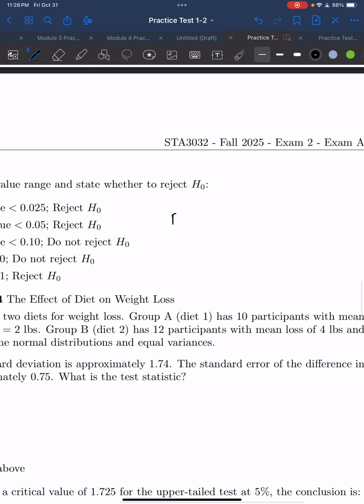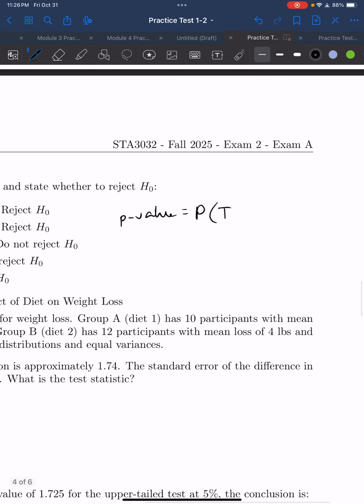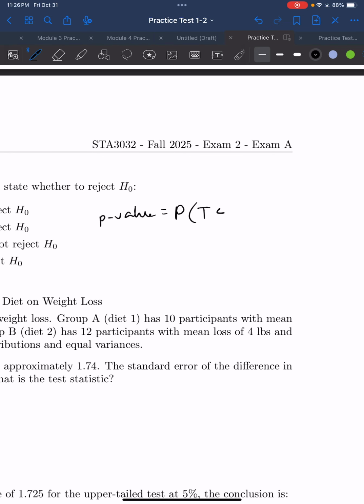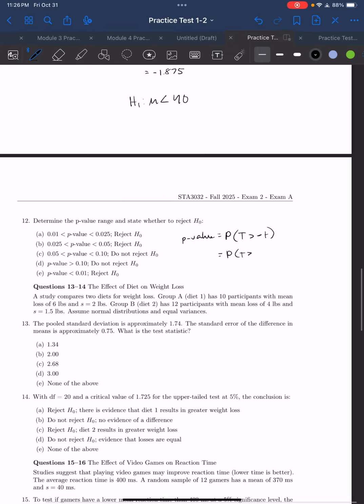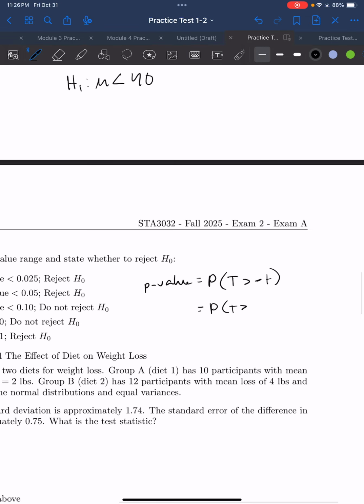Now we can calculate our p-value, which is equal to the probability of our t being greater than our negative t statistic, so greater than our test statistic, 1.875.